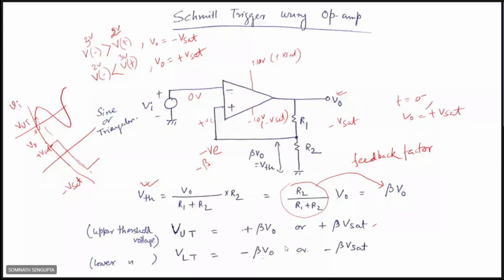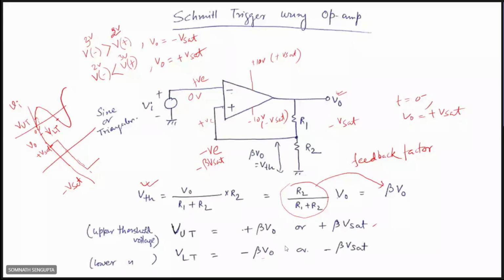And at that time the input voltage is positive, because it is sinusoidal. So the state, minus Vsat at the output, will be maintained until, as you see in the waveform, let us mark another point here in the sine wave. This is the lower threshold voltage VLT.